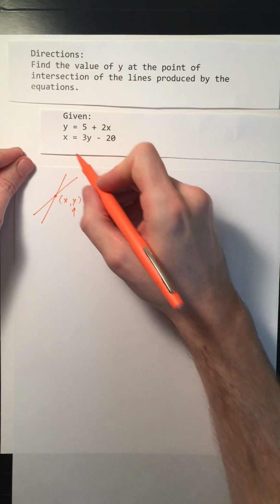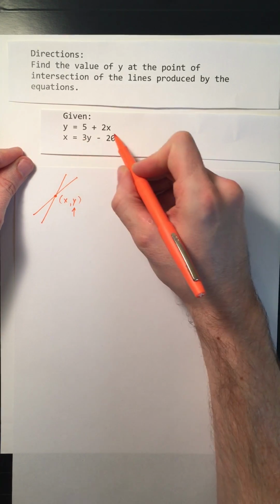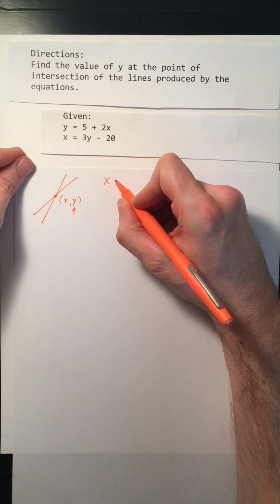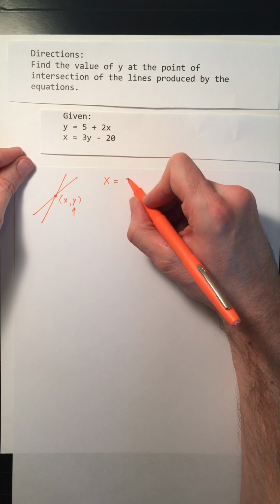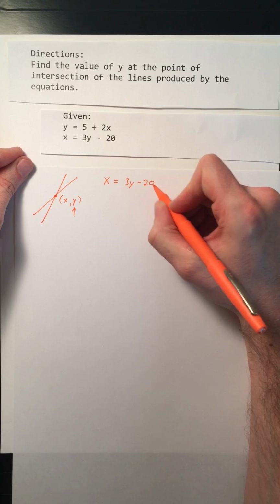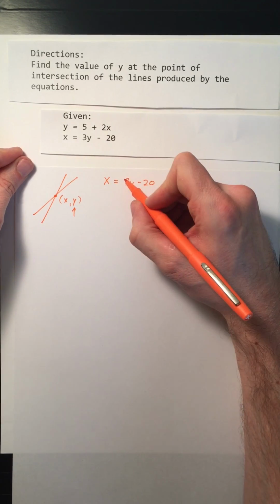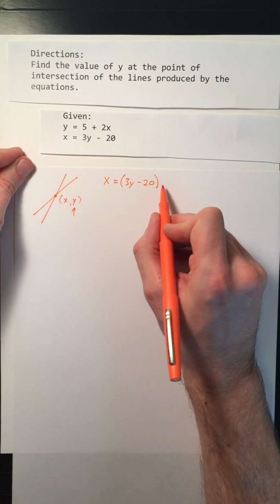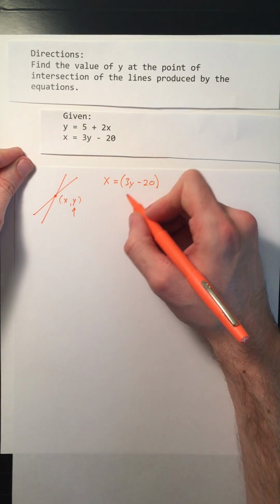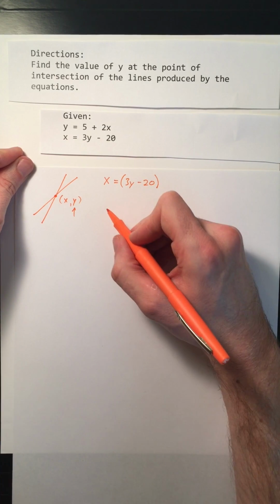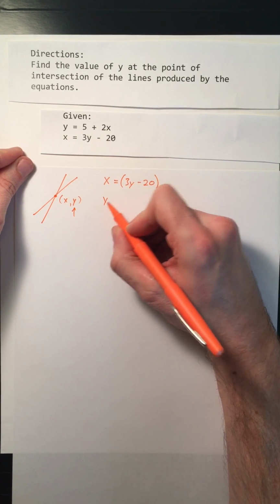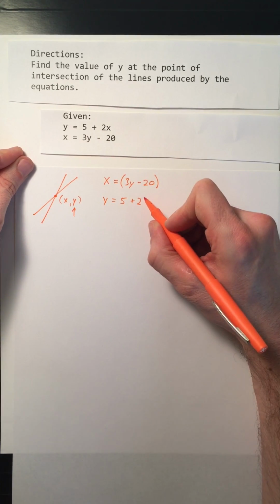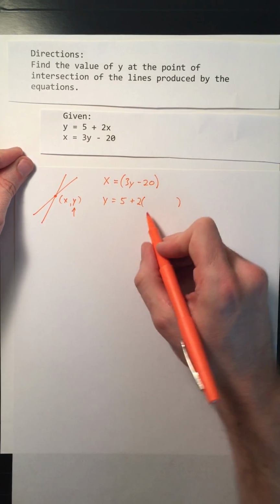I'm going to choose this second equation, and first of all, let's just rewrite it. I'm going to take this stuff, which is what x equals, 3y minus 20, and I'm going to substitute it into the other equation, where the x was.